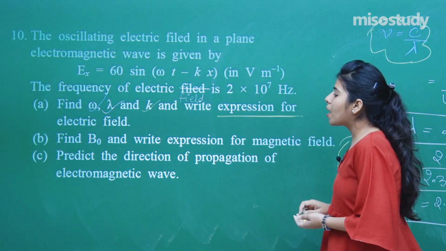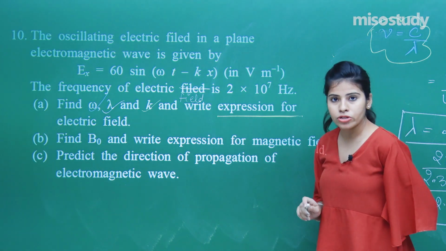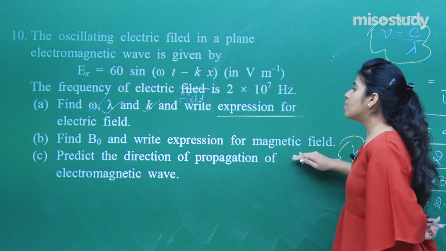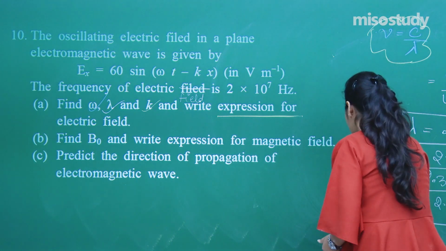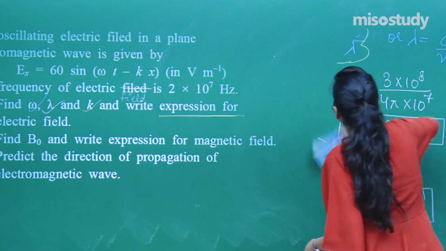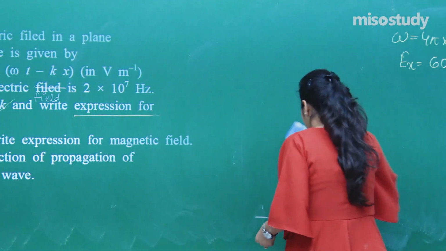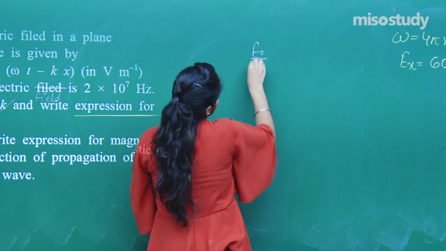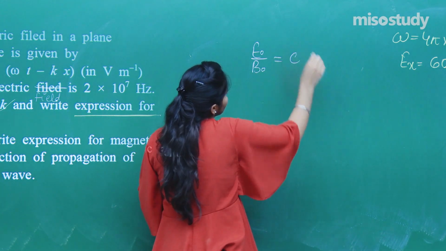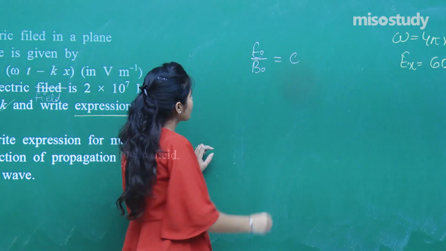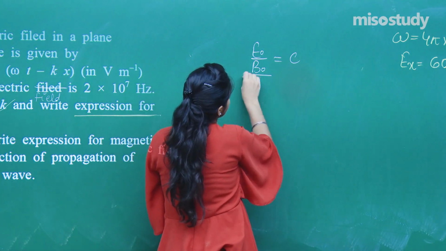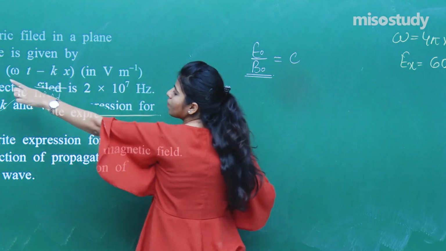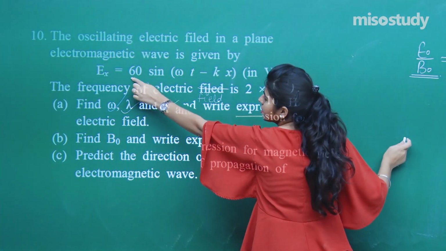Now the B part says we have to find B naught, and we have to write the expression for magnetic field. So this is again an easier part. See, we know that E naught upon B naught is a constant value which equals c. We have to find the value of B naught. In the question we have been given the value of E naught, which is 60.